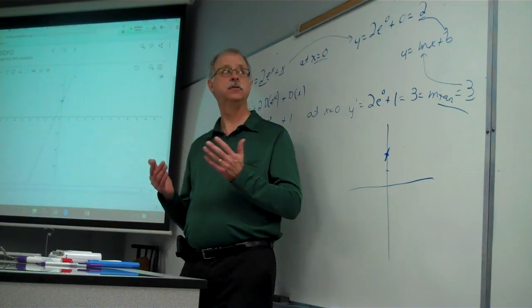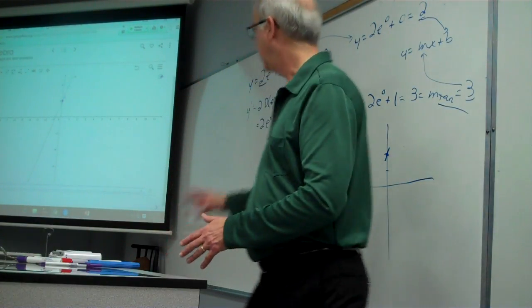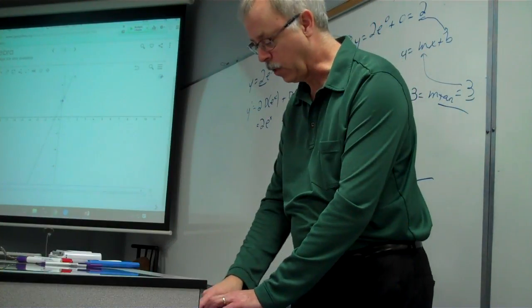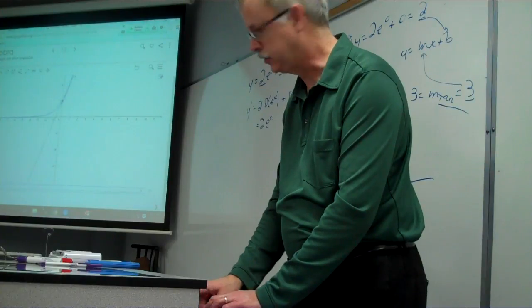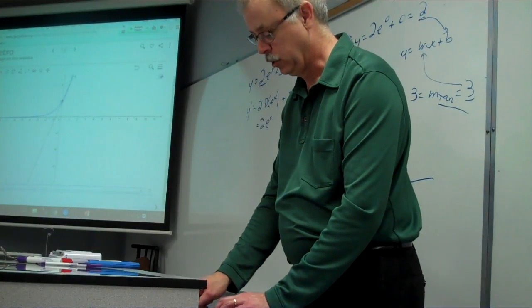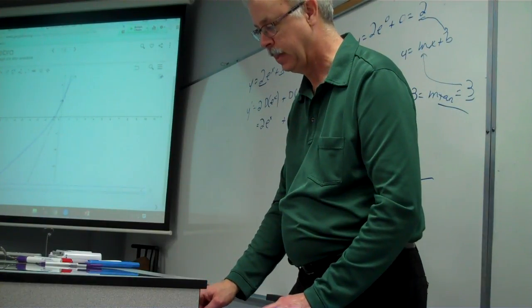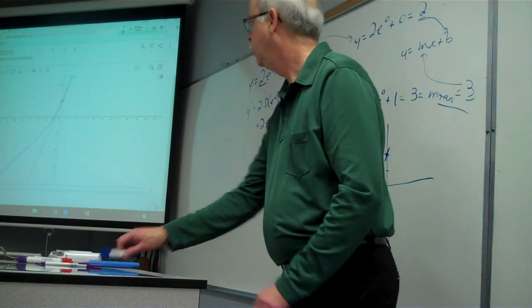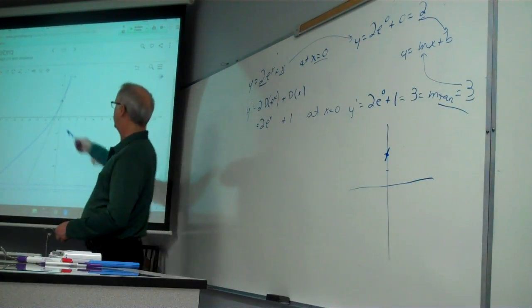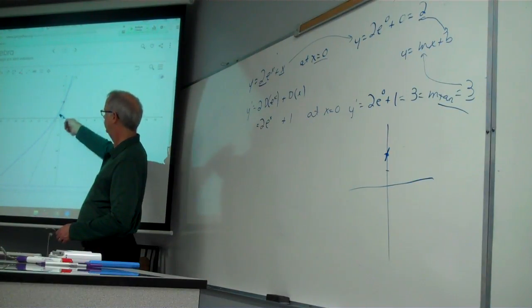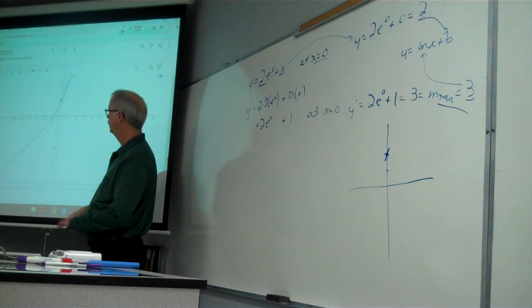Well, let's see if it does. Let's ask this to graph y equals 2e^x plus x. And notice the graph does go through (0, 2), and it really is going through in this direction.